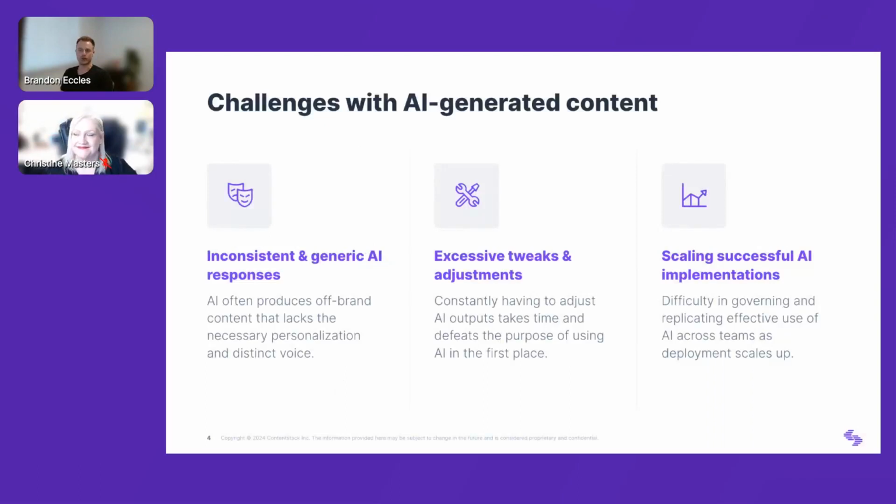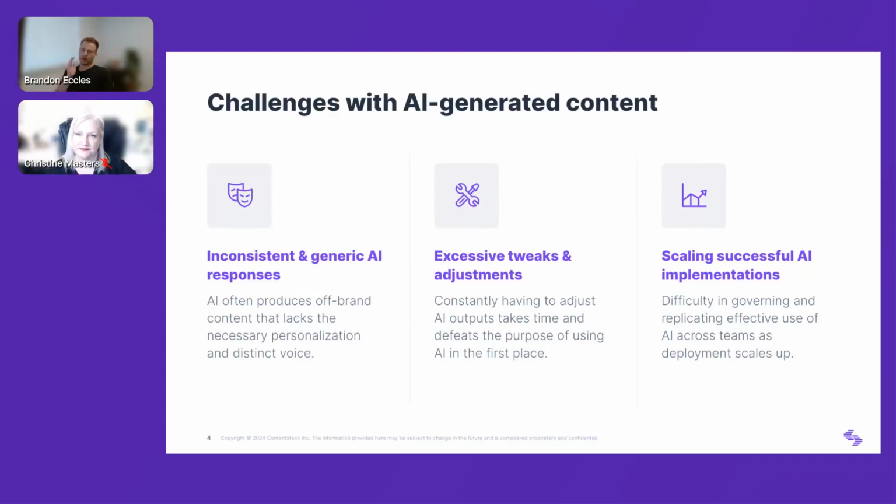All right, so just starting out, let's talk about some of the challenges around generating AI content. We all are using the ChatGPTs of the world to do a lot of tasks, to create content, things like that. But we all know that without a lot of guardrails or governance in place, those responses can easily become very generic and not sound like the brand voice that you're intending to communicate in the content that you're creating.